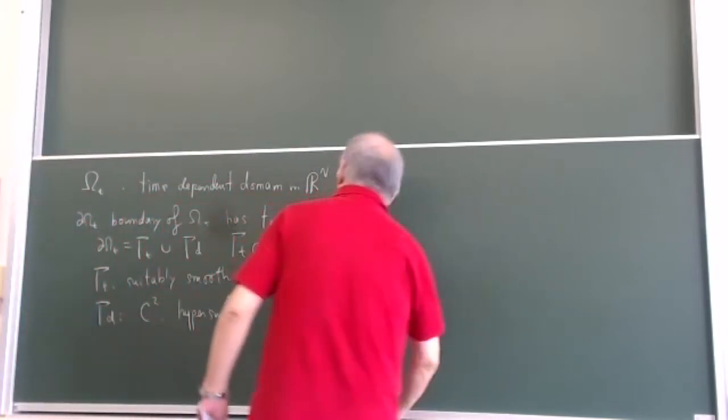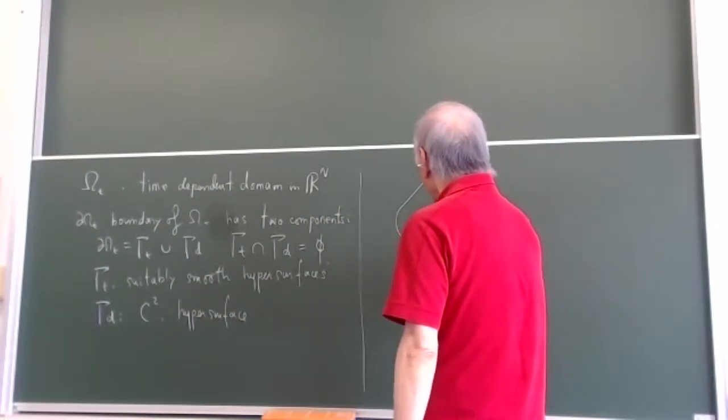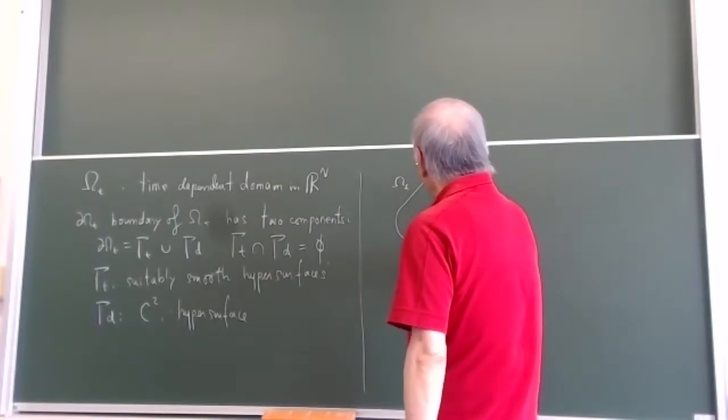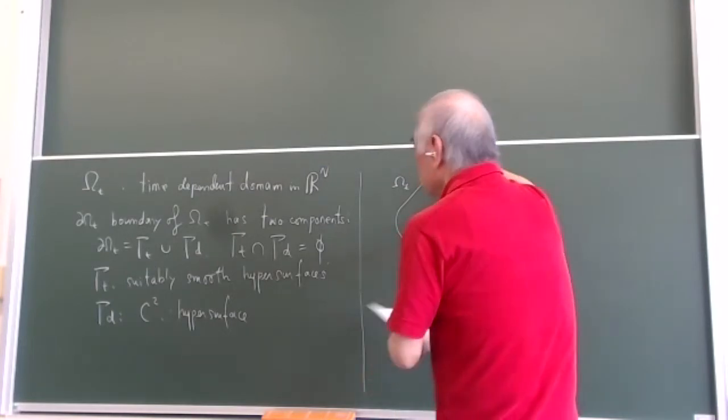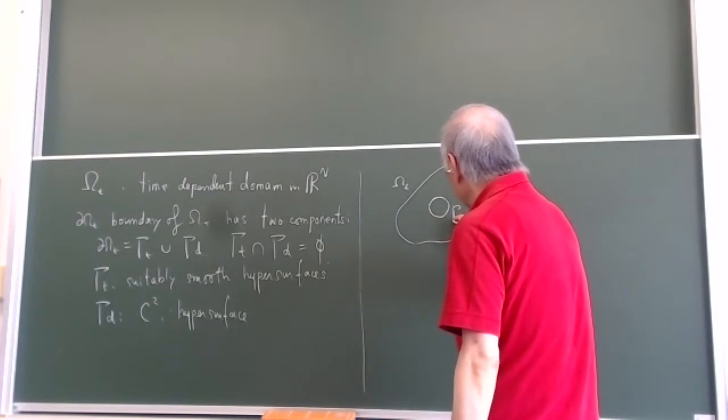And the situation in my mind is, for example, Omega_t is this. The outside of Omega_t is moving, but inside, Gamma_D is fixed.